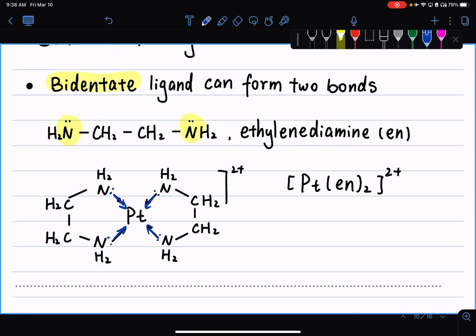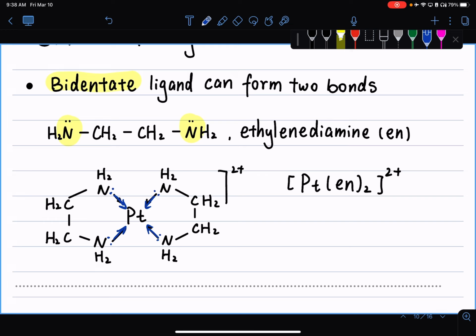Right, so surrounding the center palladium, how many ligands do we have? In total, we have 4 L-type ligands binding onto the transition metal center. Those 4 L-type ligands come from 2 bidentate ligands.